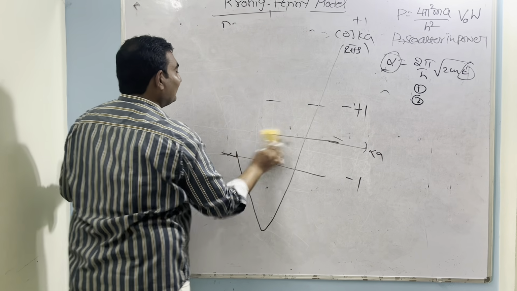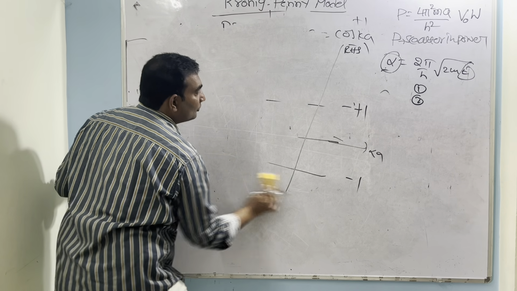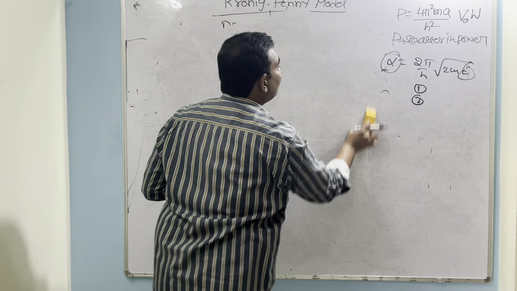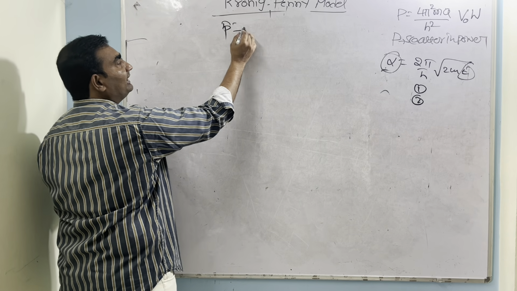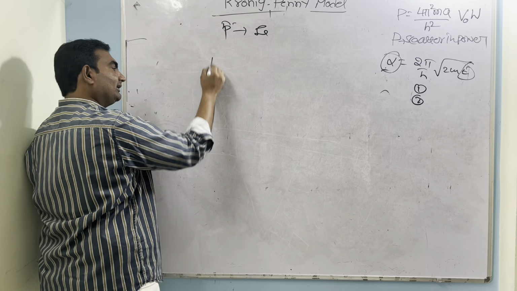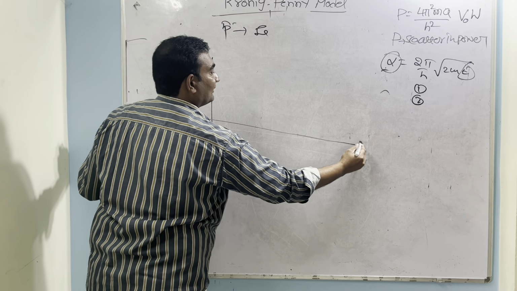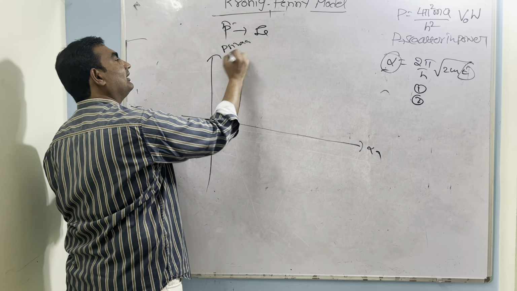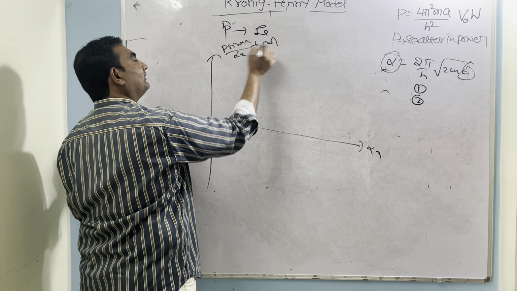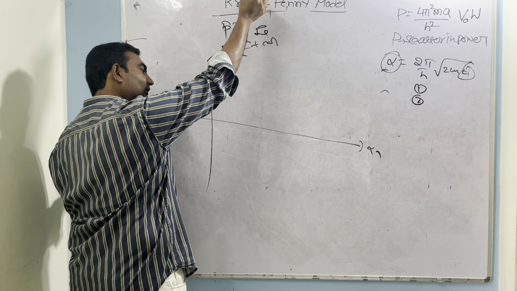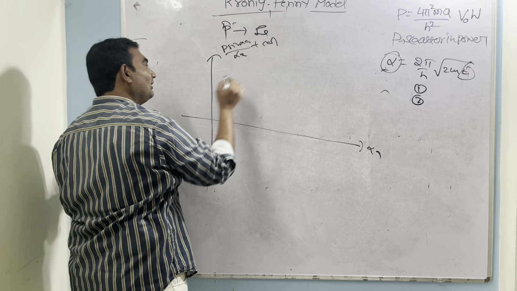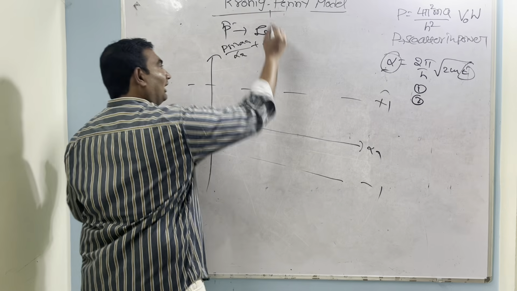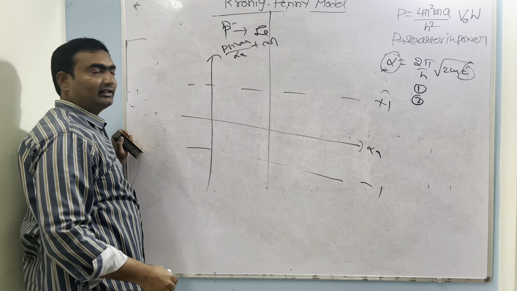The next case is, as P tends to infinitely high, not a little bit high, infinitely high. As P tends to infinity, what happens? This is alpha A, of course, this is P sin alpha A by alpha A plus cos alpha A. This wave mechanical solution crosses this +1 and -1 almost vertically.